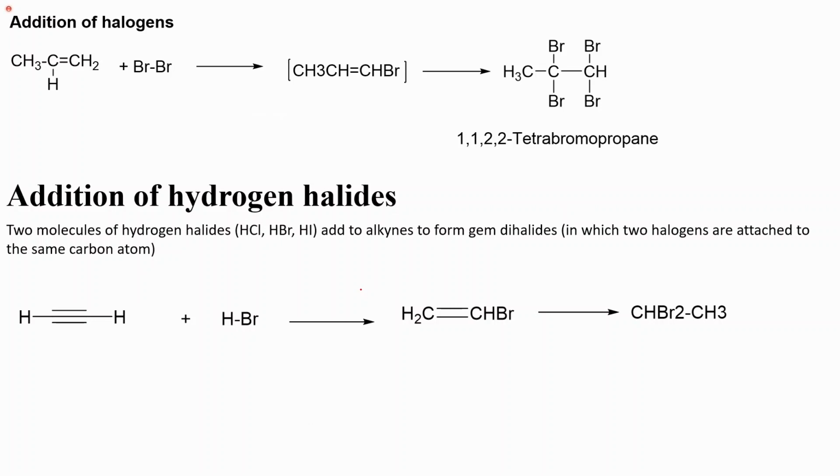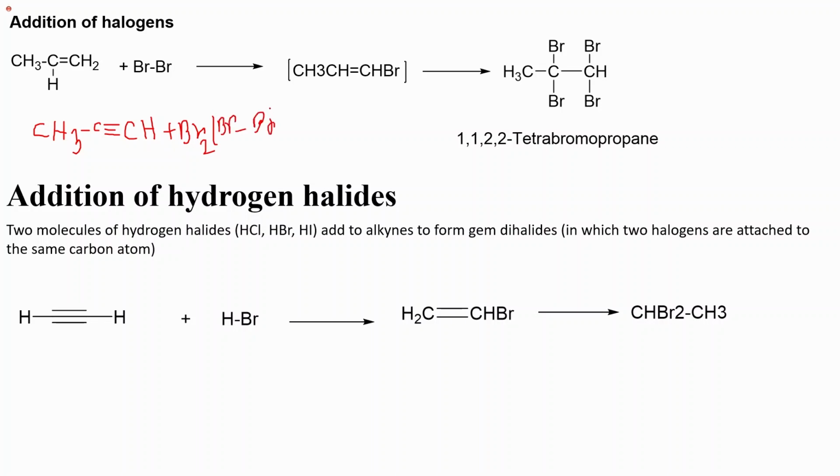Now suppose you start from the alkyne moiety. So we are taking the unsymmetrical alkyne, CH3 C triple bond CH. Now if you add the Br2 molecule, Br2 means Br single bond Br.